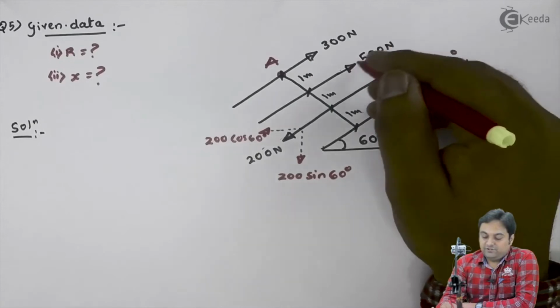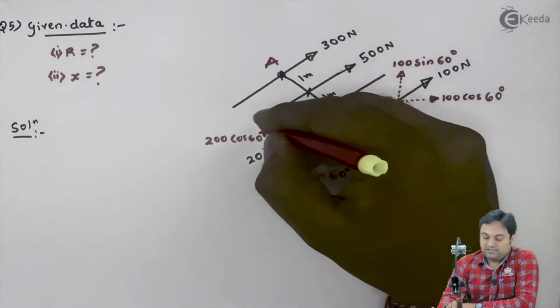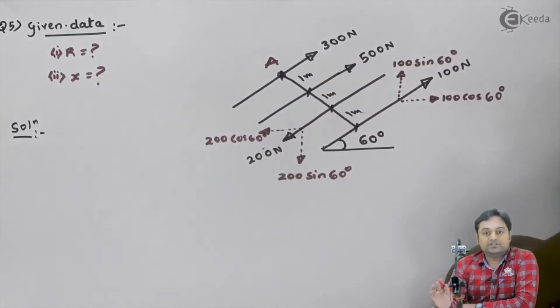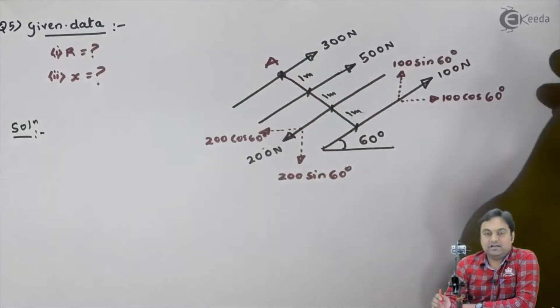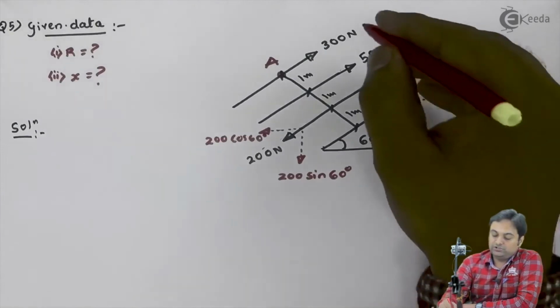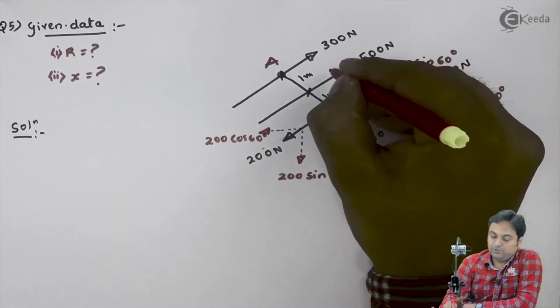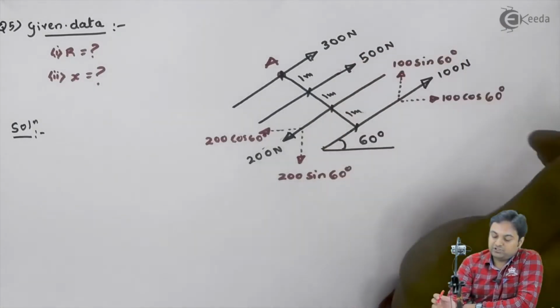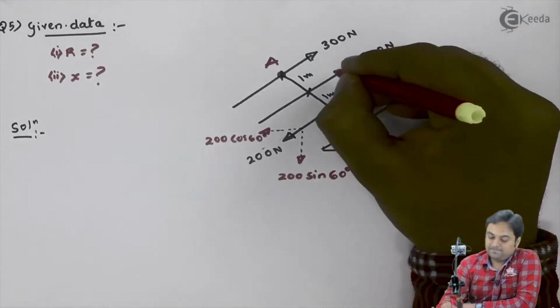Then we have 500 Newton force, which is acting in the upward direction. This force will also be inclined with horizontal at 60 degree. So its horizontal component will be 500 cos 60.